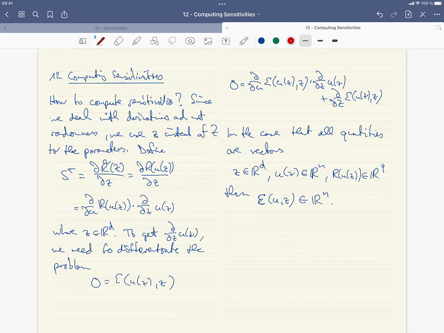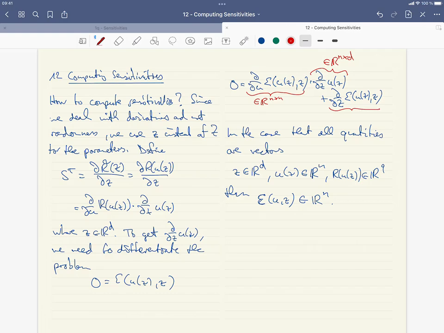So if e is in R^n and u is in R^n, this one is an n by n matrix. Then d over dz u of z, I'm going to write that here. So z has d components, and we have now an n by d matrix.